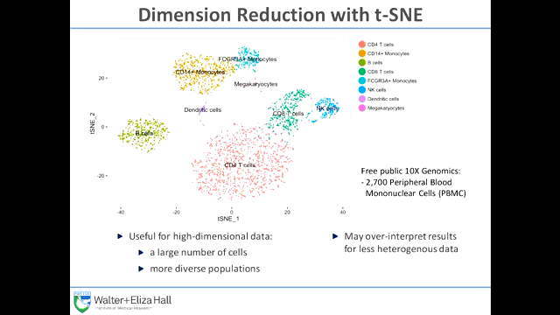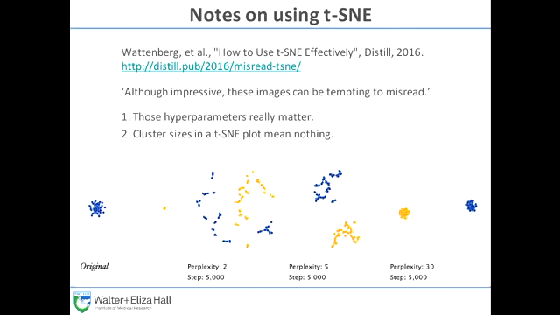Often that can be just a trivial difference, like flipping the axes or something like that. Sometimes it can be more profound. But the bigger issue probably with TSNE is that it can be very easy to overinterpret results for less heterogeneous data, or even for heterogeneous data like this.